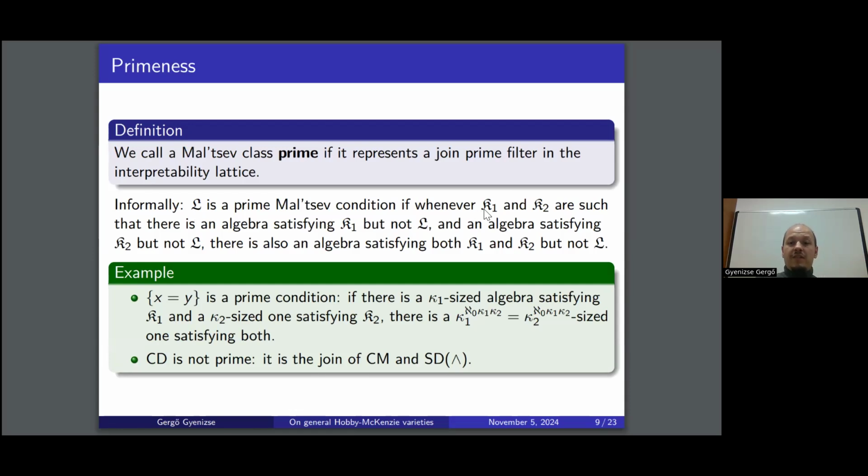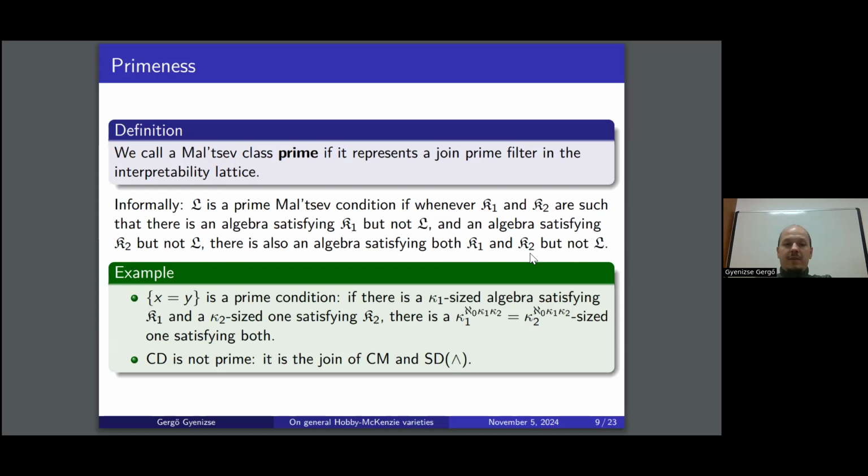If whenever K1 and K2 are such Mal'cev conditions, and we can suppose that these are strong Mal'cev conditions, such that there is an algebra satisfying K1 but not L, and also an algebra satisfying K2 but not L, then there is an algebra satisfying both K1 and K2 but not L. So if L can be deduced from K1 and K2, then it can be deduced from either K1 or K2.